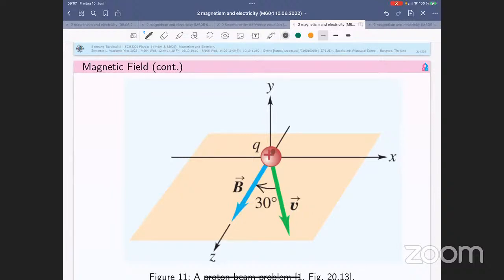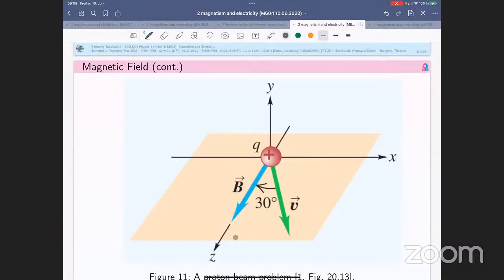Okay, in this scenario, someone has disturbed the proton, and the proton is moving on the zx plane. What is the zx plane or the xz plane, whatever you call it? It is the plane that lies on the x and z axes.